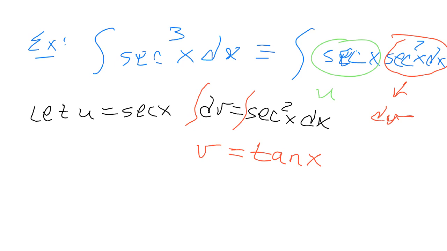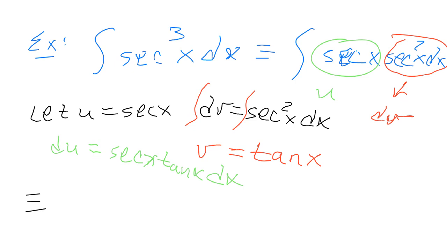On the other one, u is secant x. So what's du? The derivative of secant is secant tangent, so du is secant x tangent x dx. So what does our problem become?